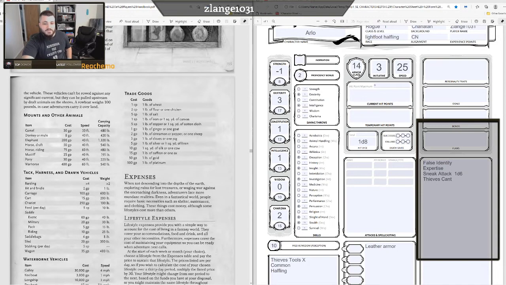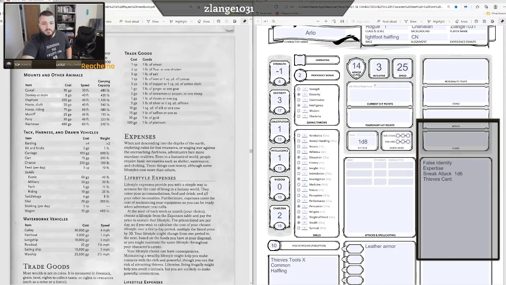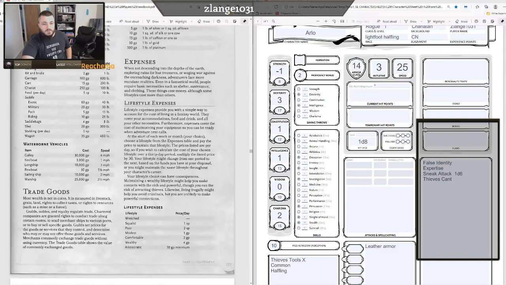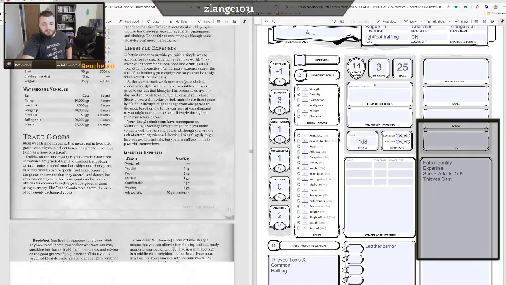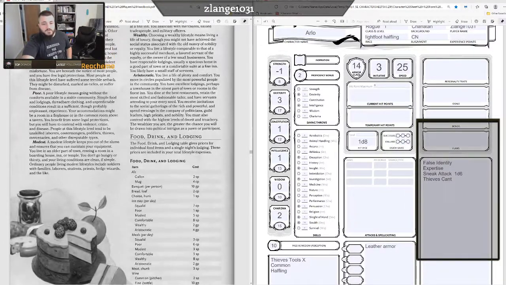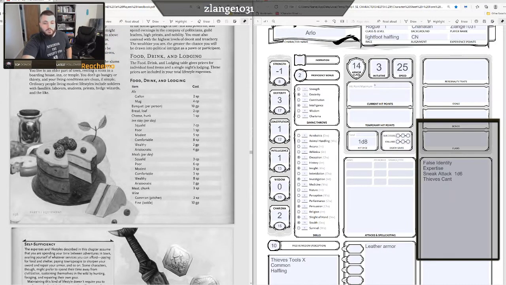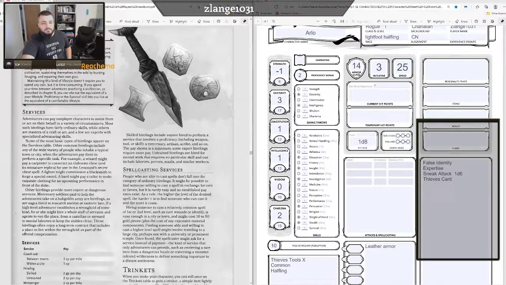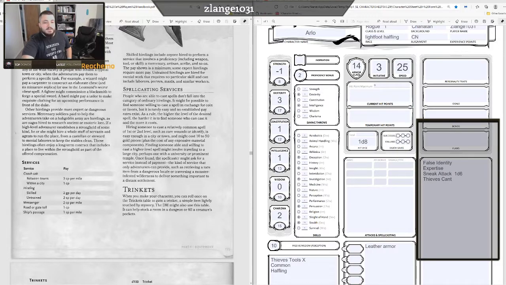You got mounts, you got tack, harness, drawn vehicles, trade goods, waterborne vehicles. All this stuff can be important to you or not. Food, what it's worth. Services. Not that kind of services, but services nonetheless. A coach between towns or within a city, how much it costs.